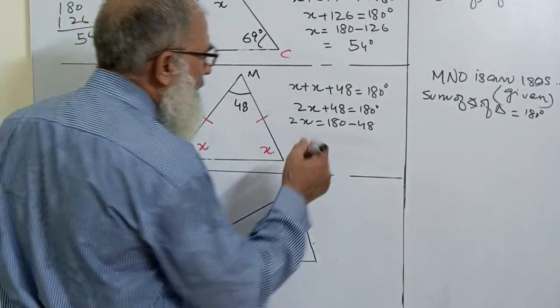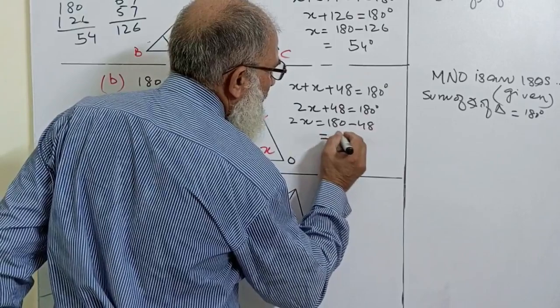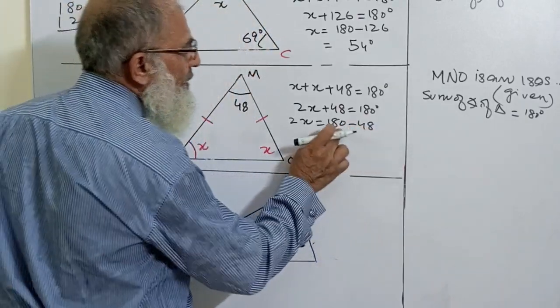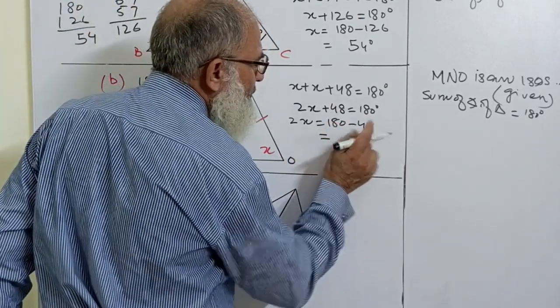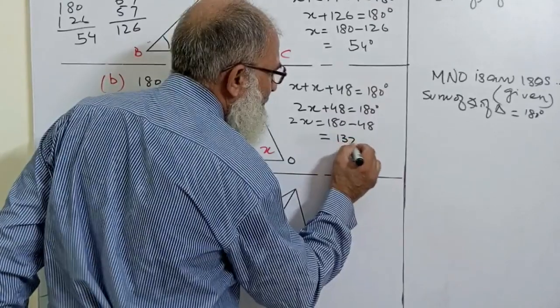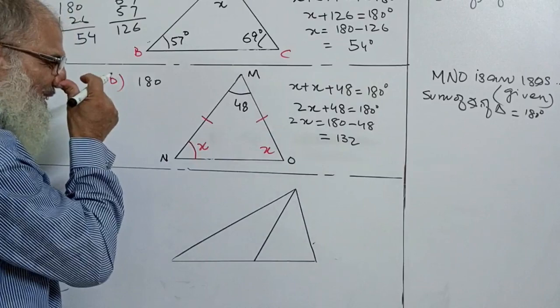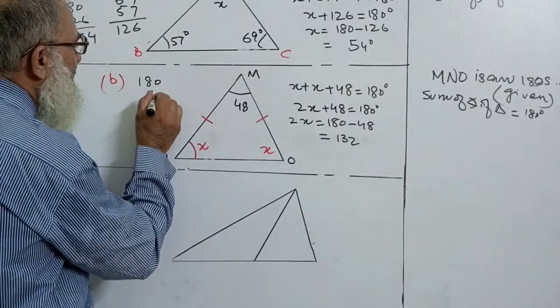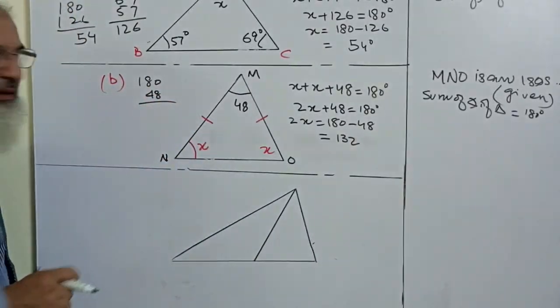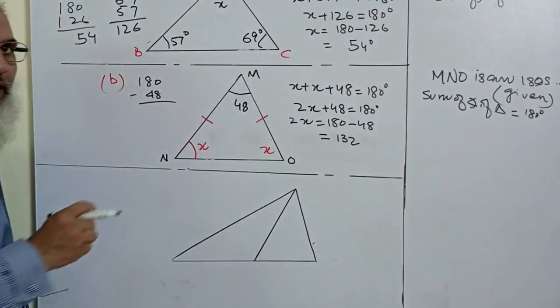If it is 50, it is 130. But it is 48, so it is 132. This is a simple trick to do this simple mathematics without a calculator.